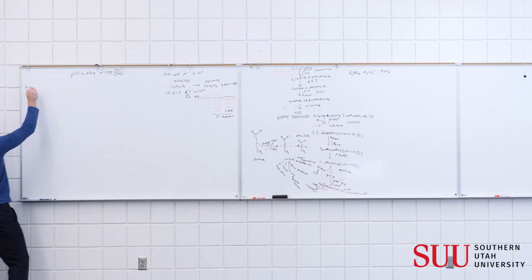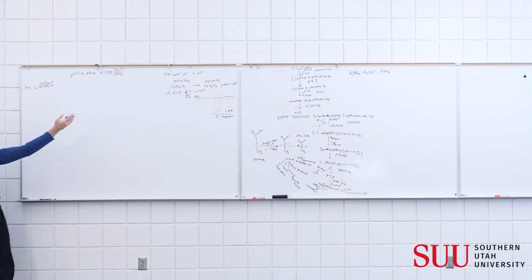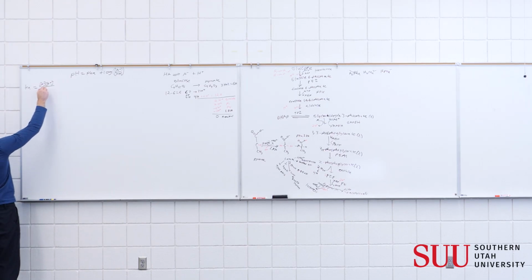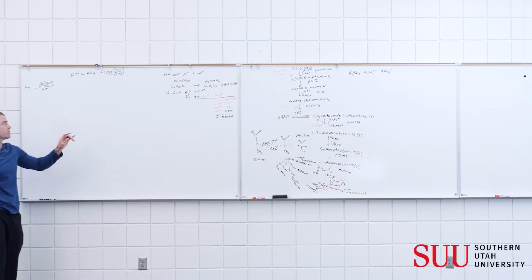So how do we do that? We do our products over reactants. So we have A minus and we have H plus. We take the concentration of these. There are no coefficients here, so we don't need to raise them to exponents, over HA. And now we just have to solve this equation for H plus, because that's what we want to do, right?